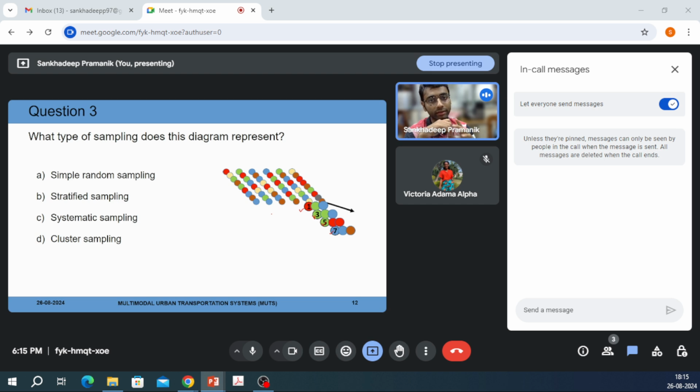These numbers are chosen from this total population. That is, the odd one is chosen for each row.